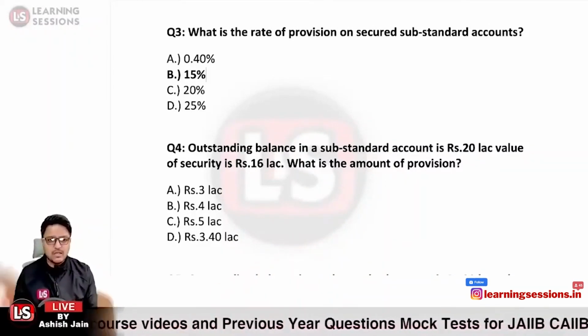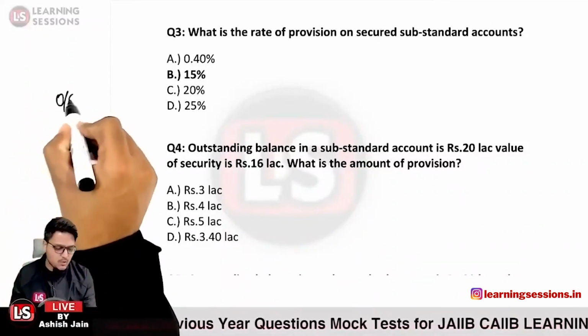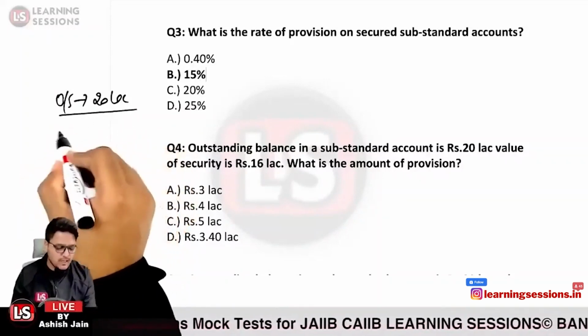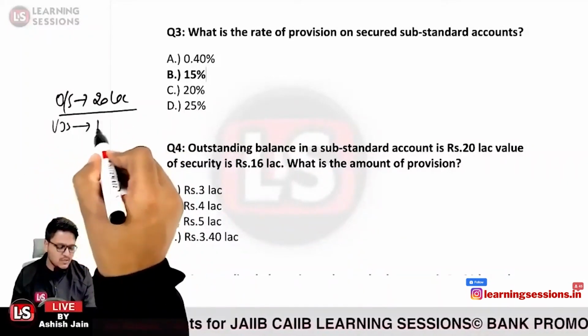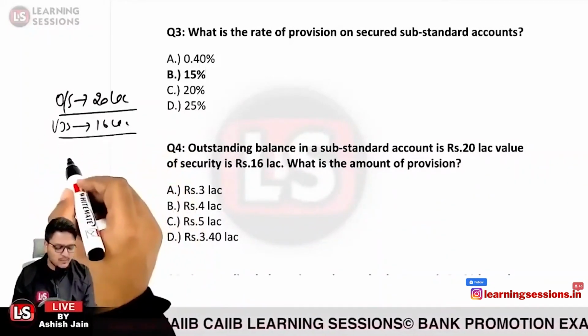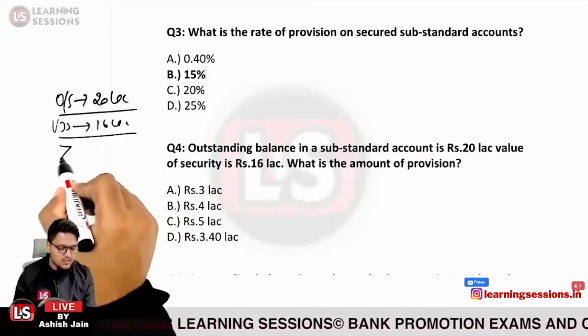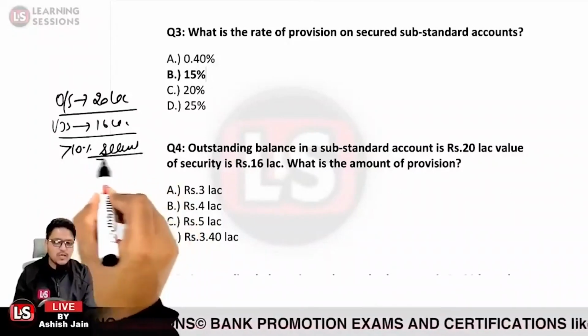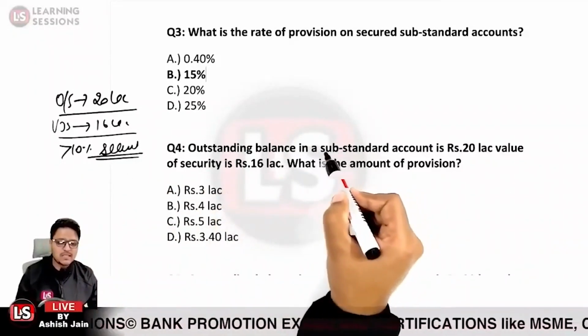We are having outstanding balance equal to 20 lakh rupees and further the value of security is 16 lakh rupees. So it will be a secured asset. Why is it so? If the value of security is greater than 10%, in that case it is a secured loan. Now if it is a secured loan, it is classified as a substandard asset.